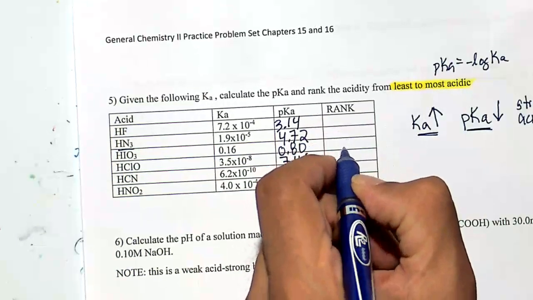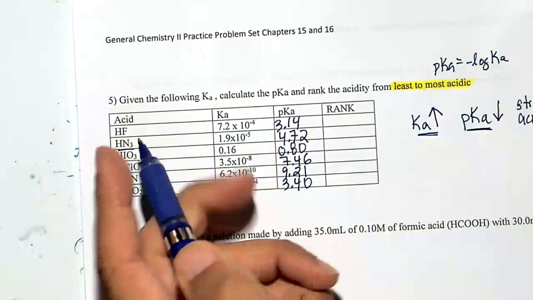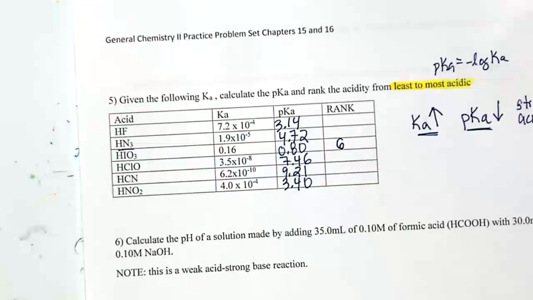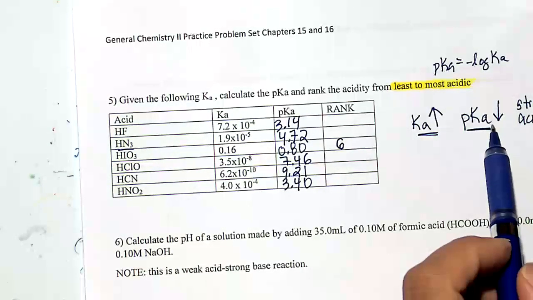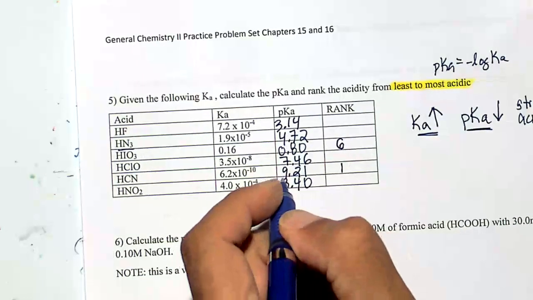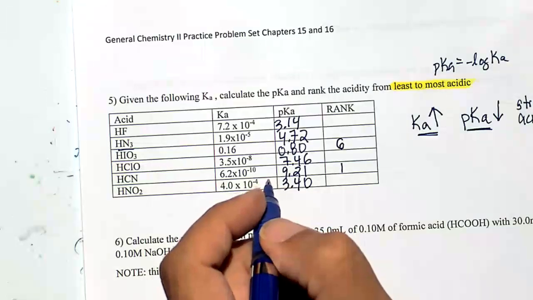HIO3. I'm going to label that 6. What would be the least acidic? Which one would have the highest pKa? 9.21.